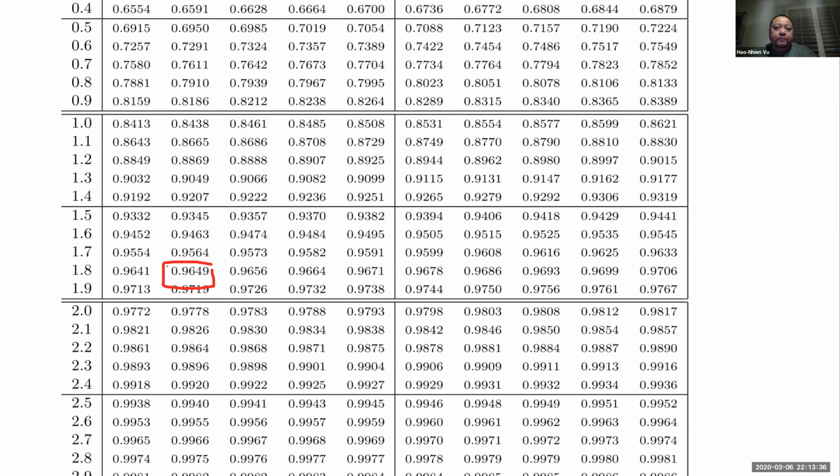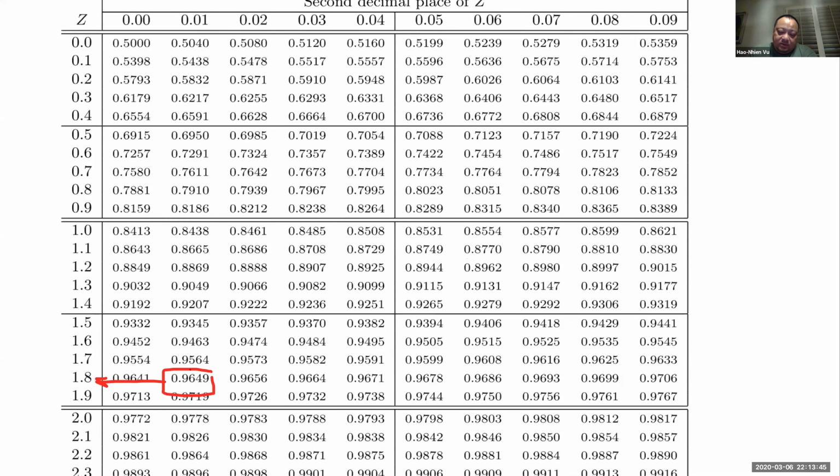I go to the table, I have my 0.9649, and I look on the edges for the Z, I get 1.8, and up here the second decimal is 1, okay? So Z star is 1.81.